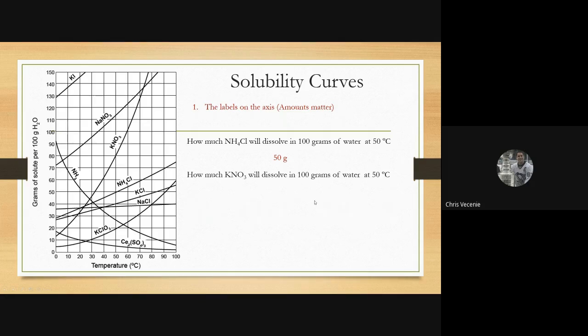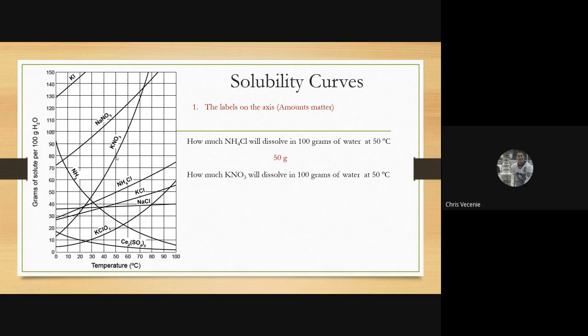Another one: how much KNO3 will dissolve in 100 grams of water at 50 degrees? It looks like the same question, but I change the substance. Still in 100 grams of water, so we're good there. 50 degrees means we go here, but this time I'm tracing up till I hit the KNO3 graph.